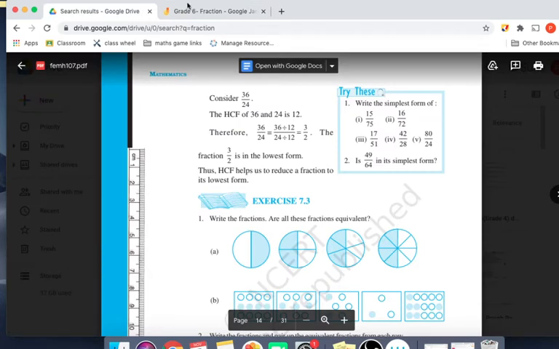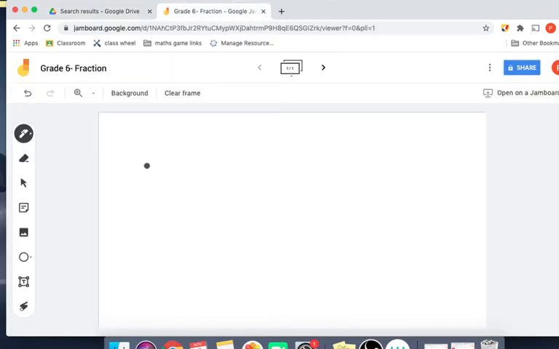Third question is saying 17 by 51. You have 30 seconds to solve this question.